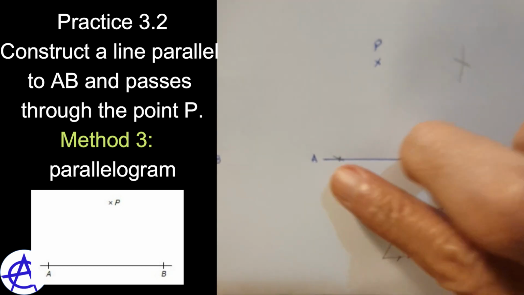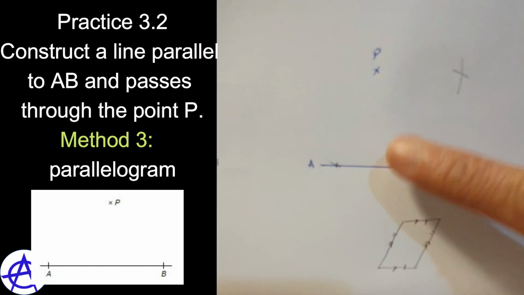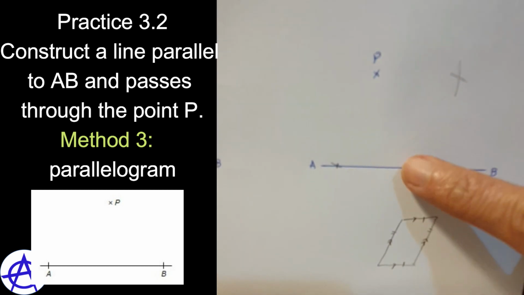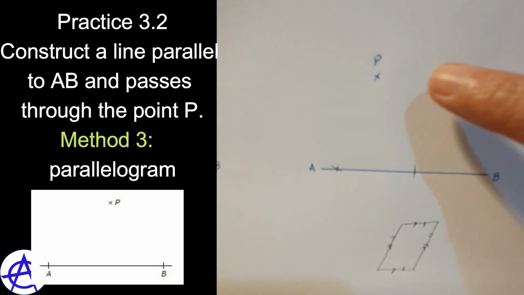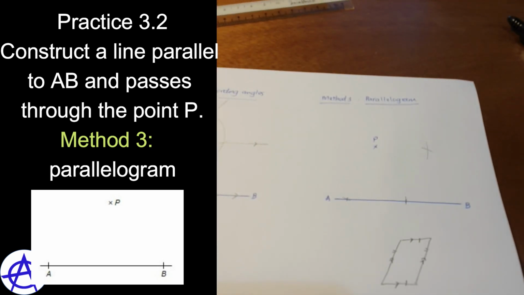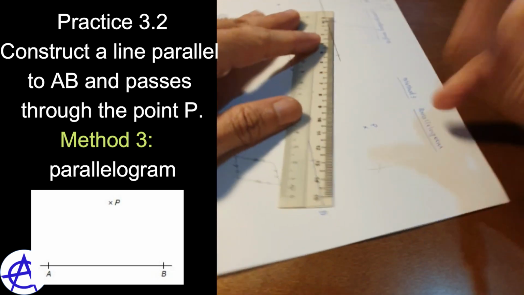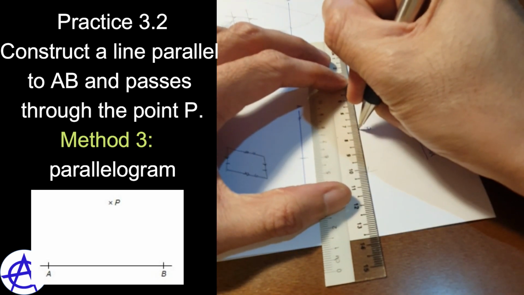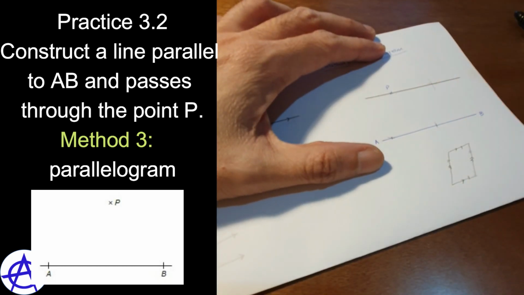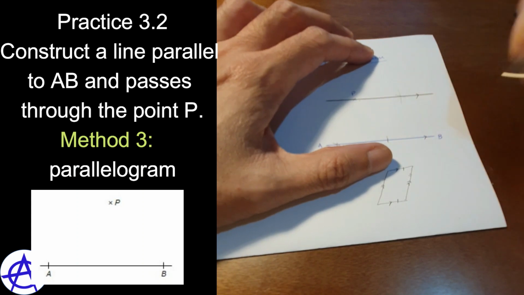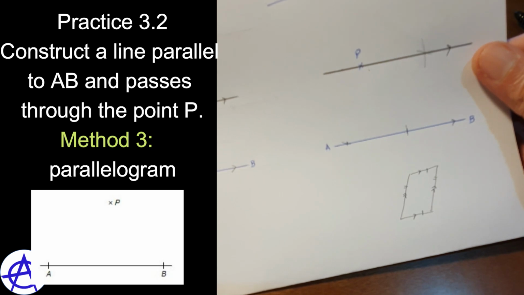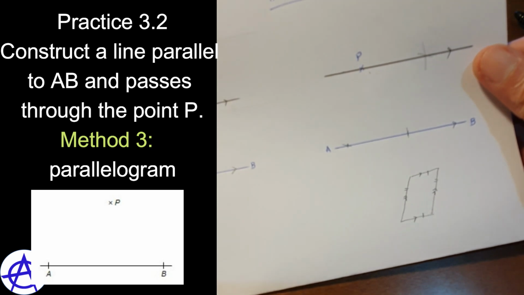This side and this one are equal in length, and this one and this one are equal in length. So the opposite sides will be parallel because this is a parallelogram. I just need to join P to the point of intersection. So here we got the parallel line by using the concept of parallelogram.